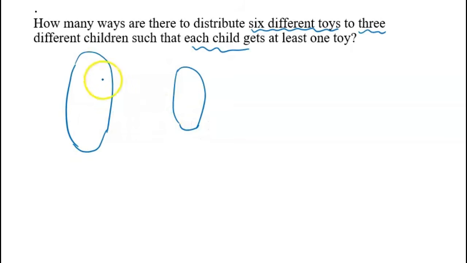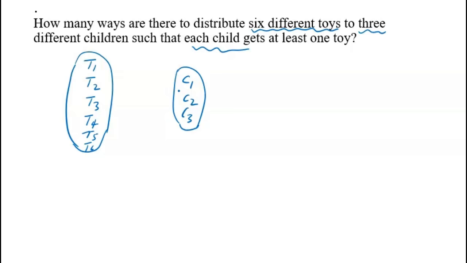We have six different toys, so we have toy 1, toy 2, toy 3, toy 4, toy 5, and toy 6. And how many children are there? There are 3 children, C1, C2, and C3. You usually don't want any child to be left out. There must be some favored child, but every child is special, yes or no? So everyone must get at least one toy, otherwise they will feel left out.